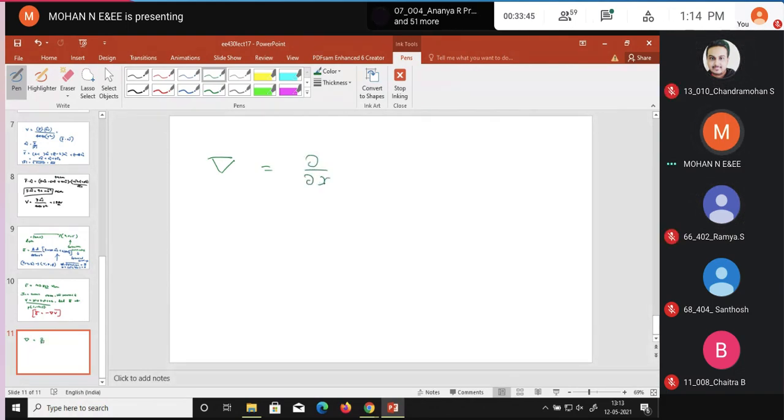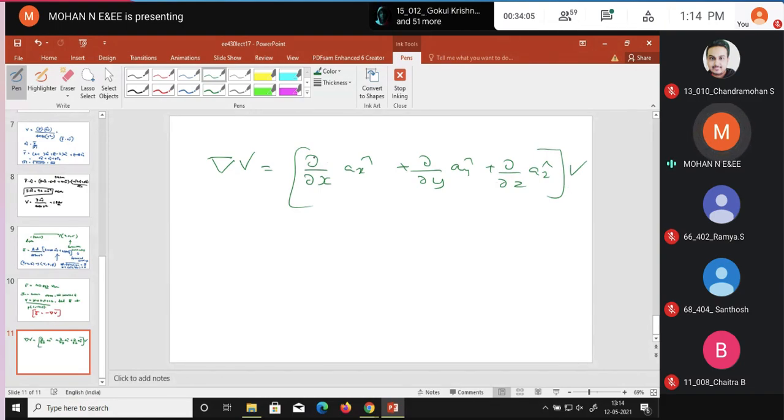Yes, dou by dou x ax cap, plus dou by dou y ay cap, plus dou by dou z az cap, applied on V. First solve this one and then multiply by minus, and you will get E vector.